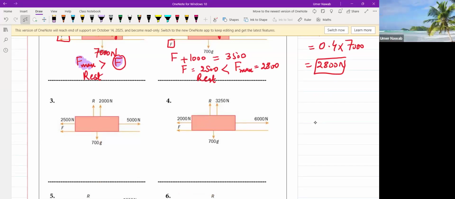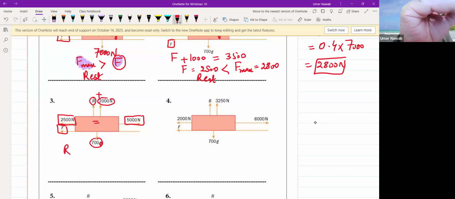If we go to the third question, we are applying 1,000 newtons to the right, 2,500 to the left, and F. But now the value of R will be changed. The equation for R will be R plus 2,000 is equal to 7,000.